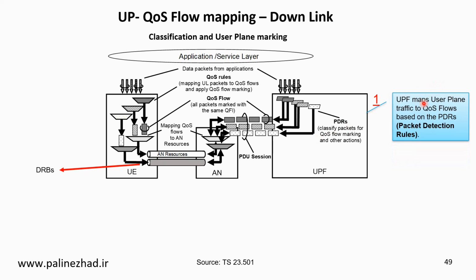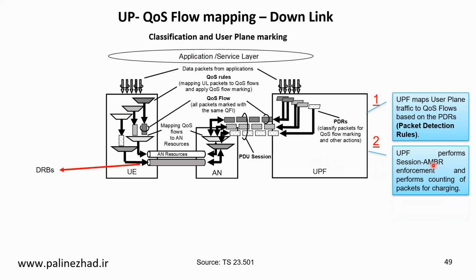At first, UPF maps user plane traffic to QoS flows based on the PDRs, packet detection rules. Then UPF performs session AMBR enforcement, and as we see in previous slide, session AMBR is stored in UDM, and SMF gets it and sends it to UPF to apply it on the IP flows.